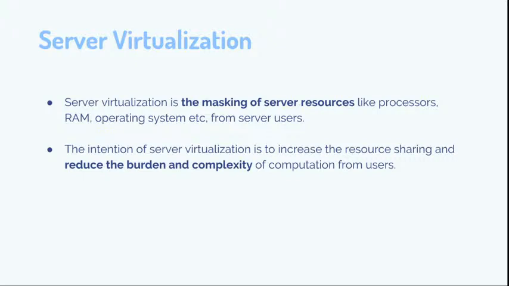Another method is master and slave. The master gives tasks to the slaves, the slaves do the tasks, and the master allocates the memory to each slave. The master and slave communicate with each other, but slave to slave do not communicate with each other. That is one of the things we can do with server virtualization.